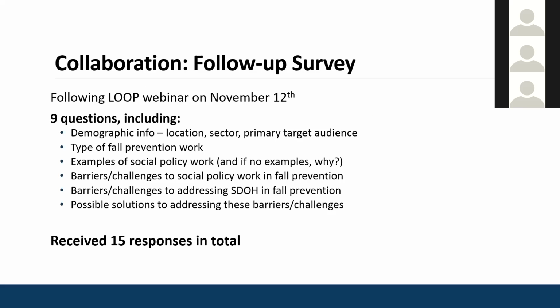So understanding that this way of thinking and this lens may be new for a lot of people, and just wanting to support working through that as best as we could. So we didn't receive too many responses. We received about 15. Those that did fill out the survey provided a lot of feedback and information to the questions, which was really helpful.